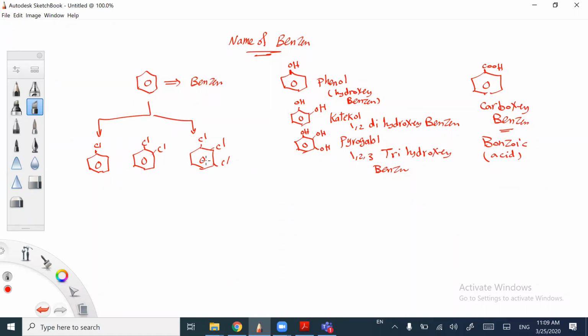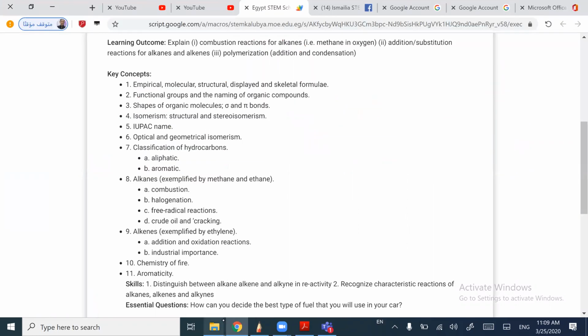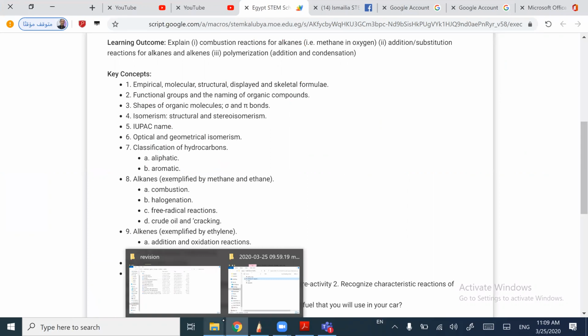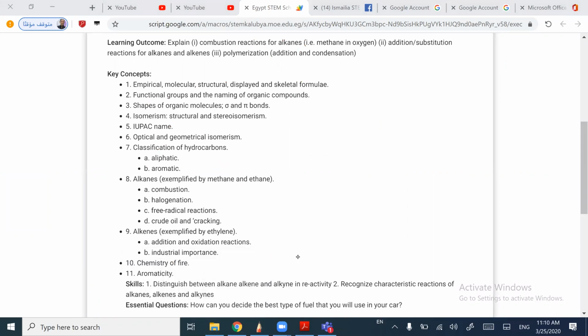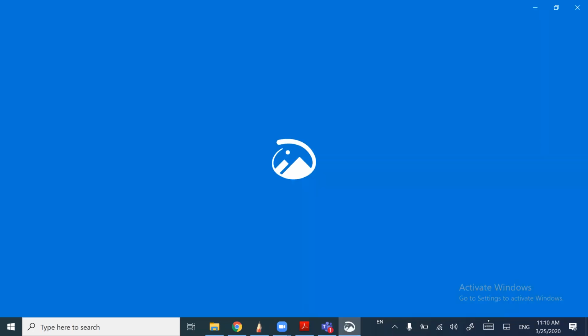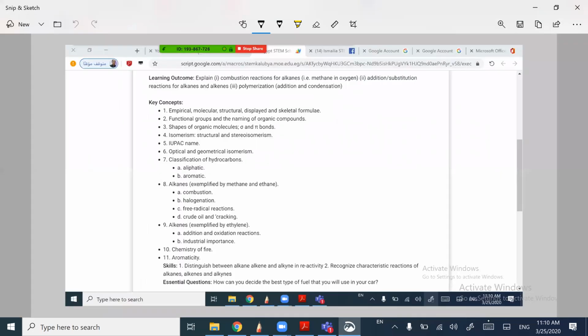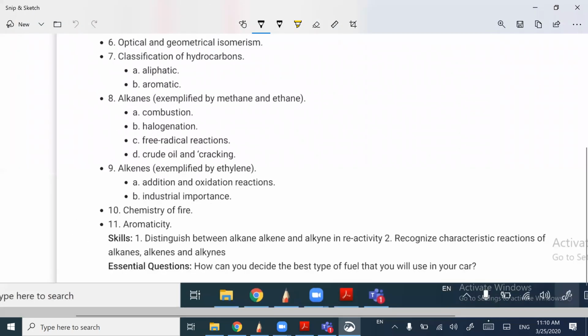Now we need to determine aromaticity. Is this compound aromatic or not? We can work with the rule called Huckel's rule.